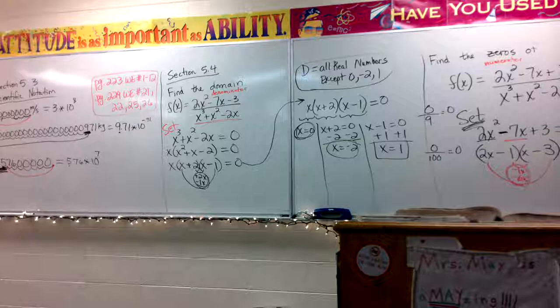Either x equals 0, like that. Well, this one I'm already done. I got x equals 0. Hey, these aren't too bad. Minus 2, minus 2. Add 1, add 1. Hey, these aren't so bad at all.